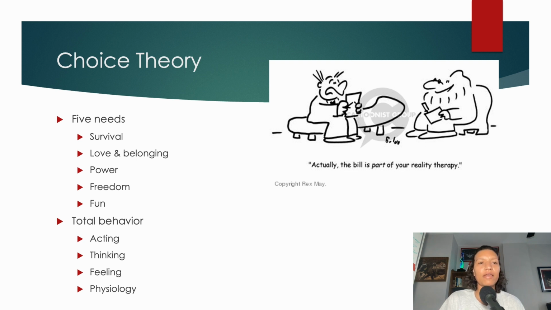Love and belonging here is the one that can sometimes be difficult for clients to meet because it includes having relationships with other people, and if those needs aren't being met through those relationships, or if those needs are being met, say, through an unhealthy relationship, that's where those issues and problems can arise.